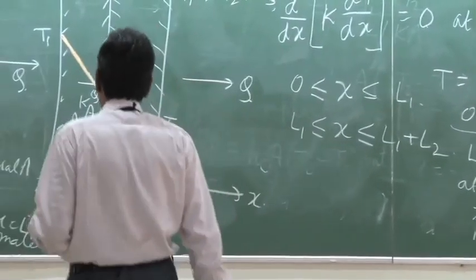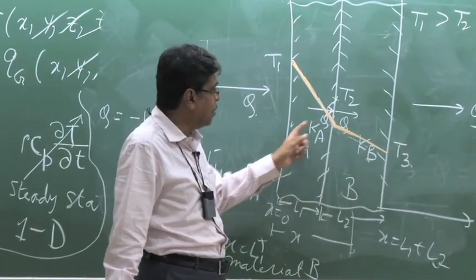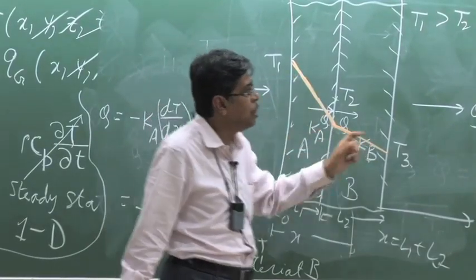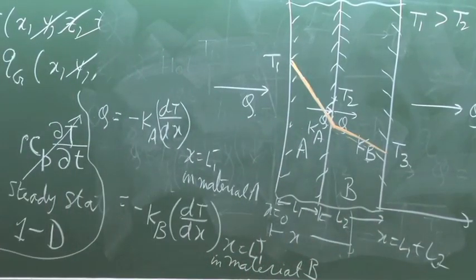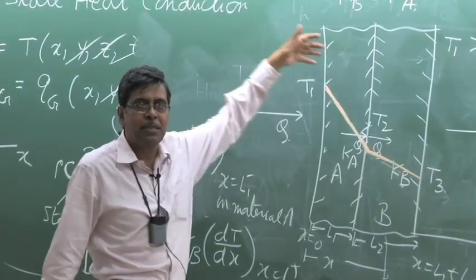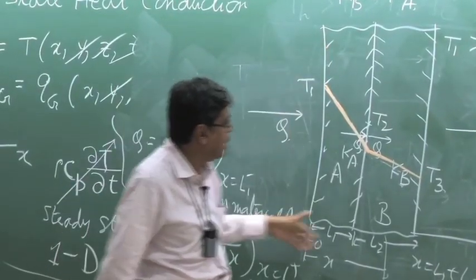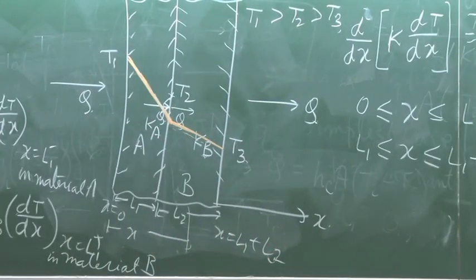So for this type of composite wall, depending upon the thermal conductivity, we can draw the qualitative picture like this. And here also, if we prescribe the problem with a hot gas temperature, that means it is coupled with the convection boundary and a cold gas temperature, then the problem becomes like this.